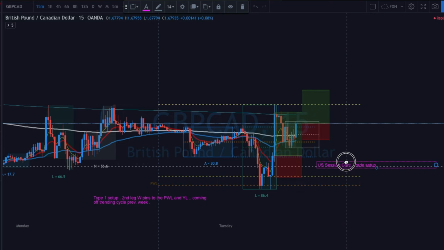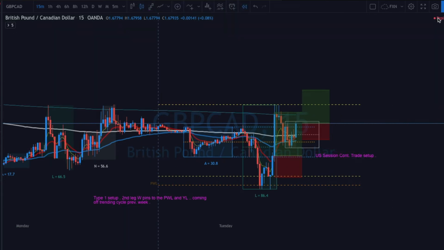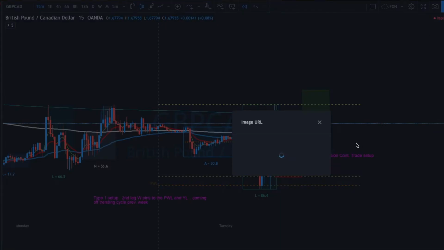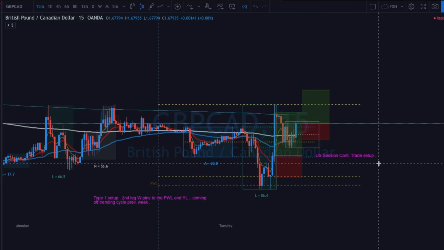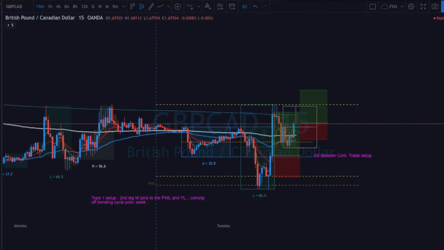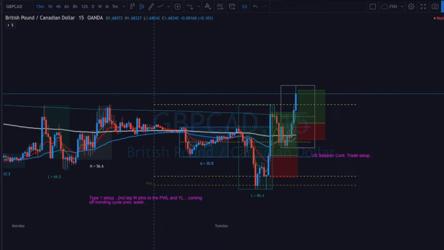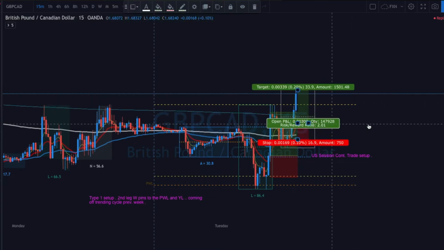At least you know what you were thinking. Take your screenshot, boom, copy it and paste it into your journal. And now let's see what happens. Boom, there you go. You already hit take profit in 2 candles.